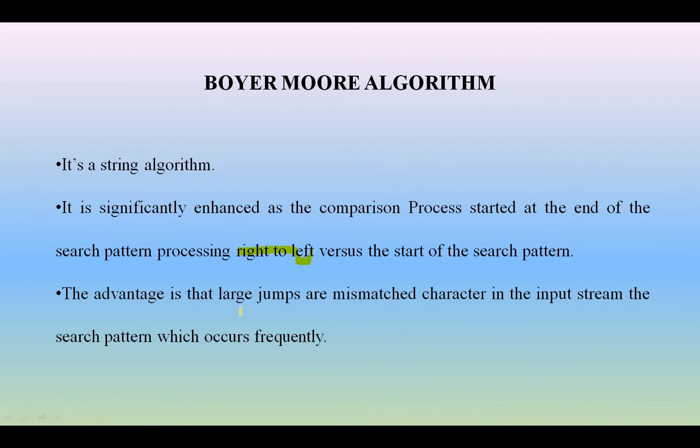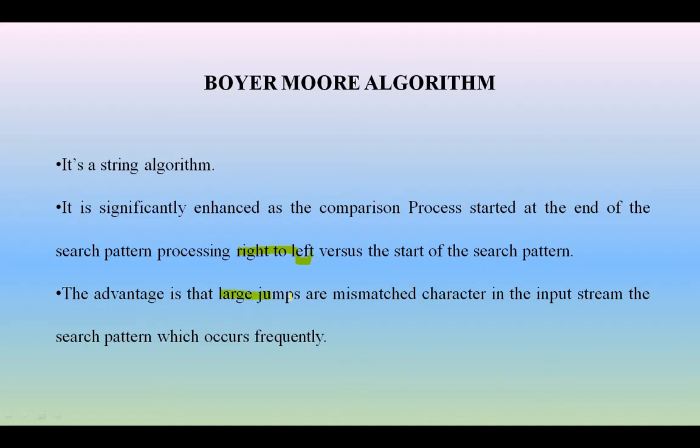The advantage here is large jumps, whenever it is moving from one place to another. When there is a mismatched character in the input stream for a search pattern, large jumps are possible.